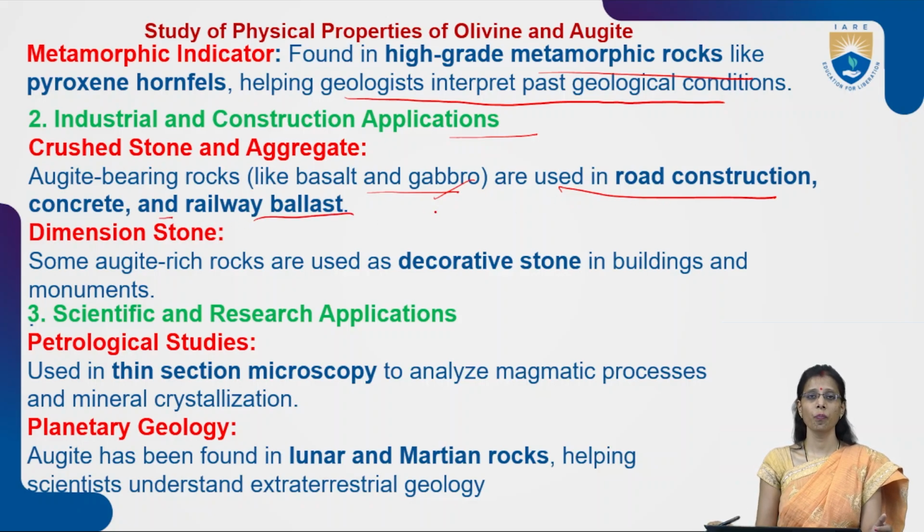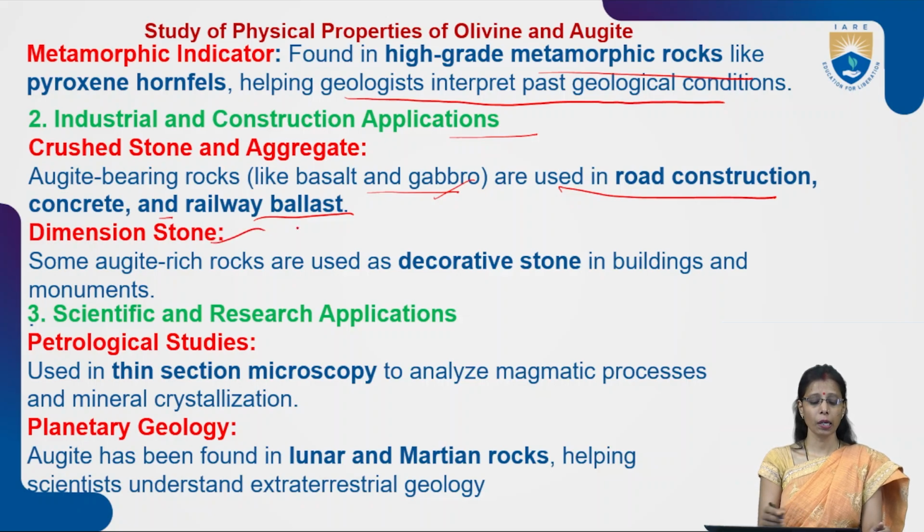Railway ballast is the crushed stones, the aggregates, which are laid beneath the railways to withstand compression and pressure and protect the layer of the railway.